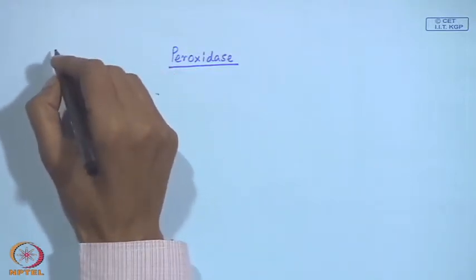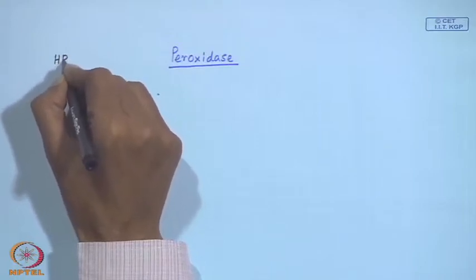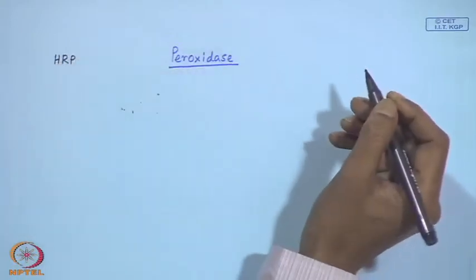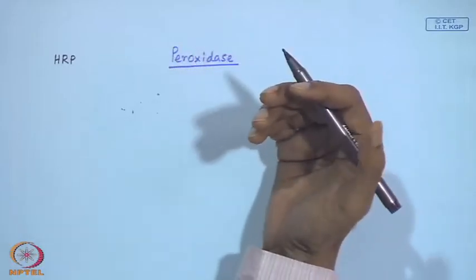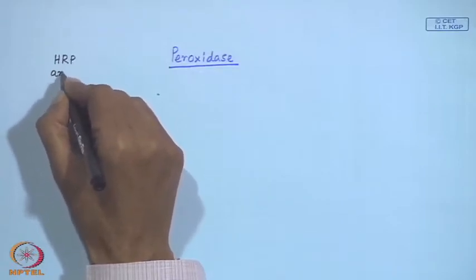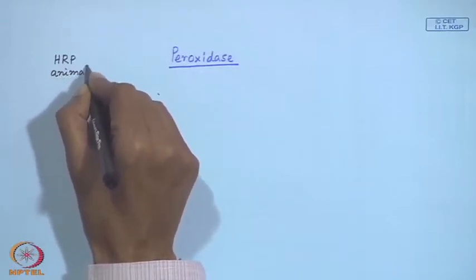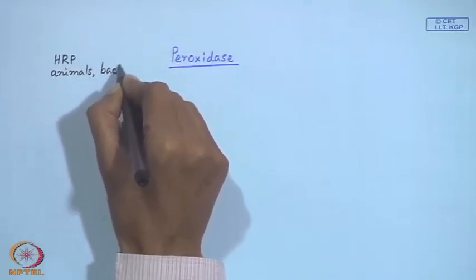The plant origin is our HRP, the horseradish peroxidase, which is available from the roots of the horseradish. Peroxidases are available in animals also, and in bacteria.